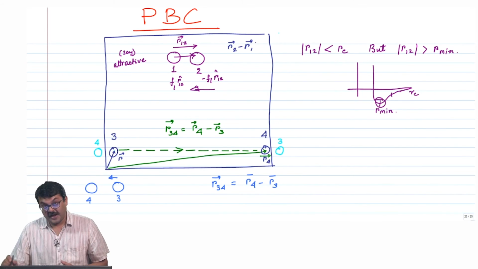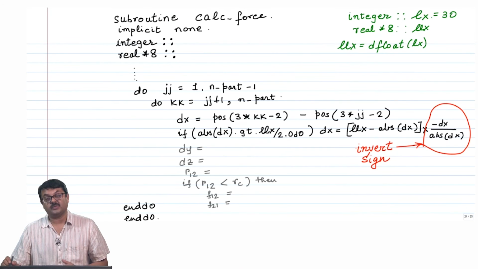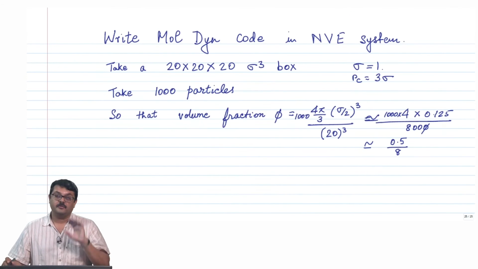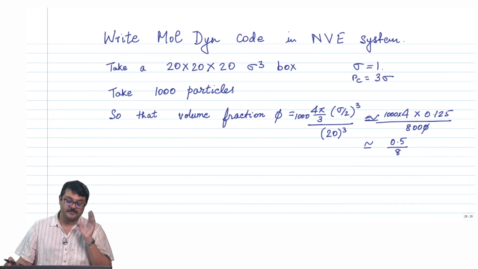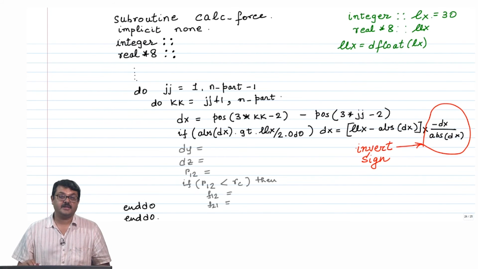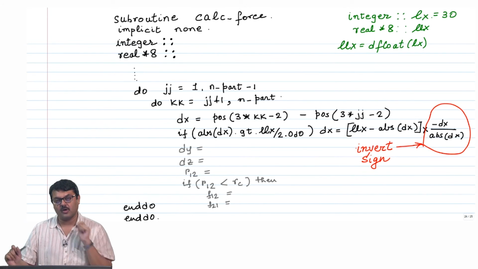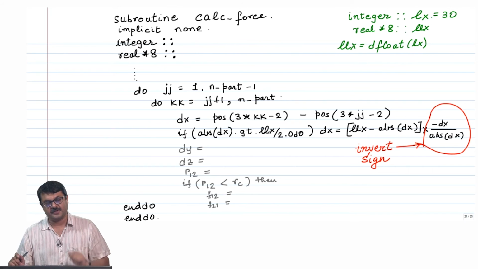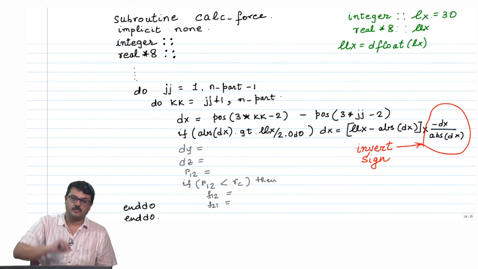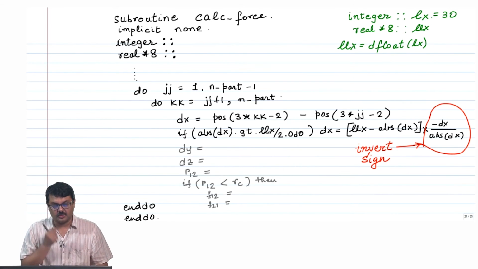So, the way you have to calculate distances while calculating the force, for periodic boundary conditions, you have to basically do it when you were updating the position of the particle. When the particle goes out from the right side of the box, put it back in the left. When the particle goes out from the top of the box, put it at the bottom of the box.